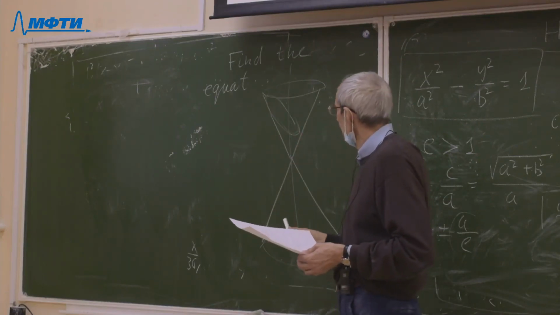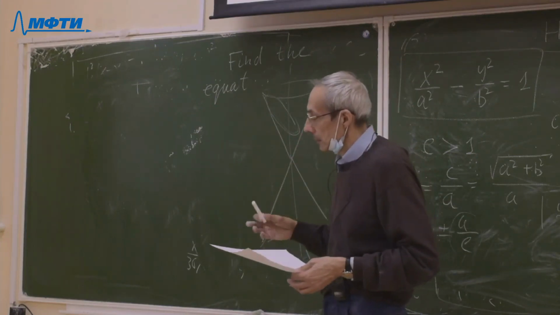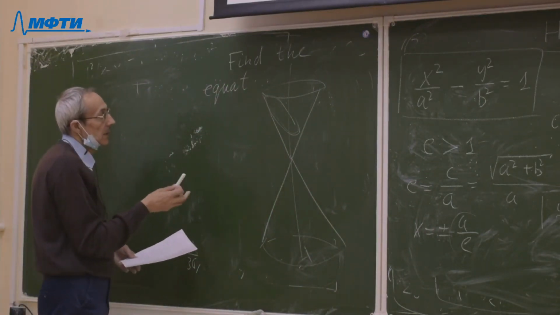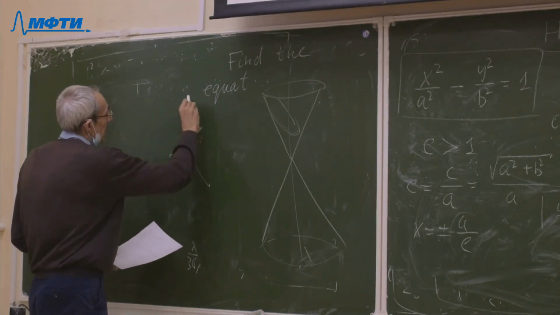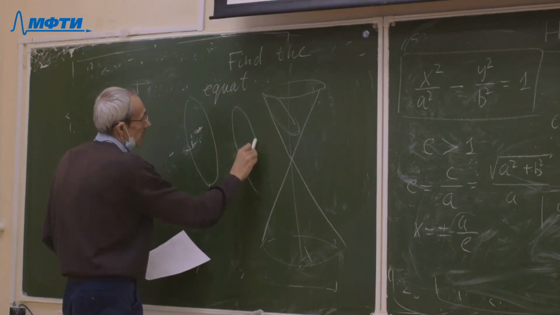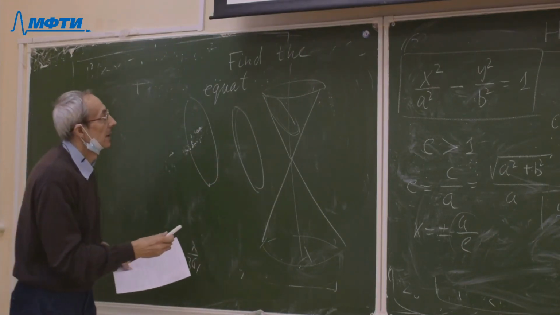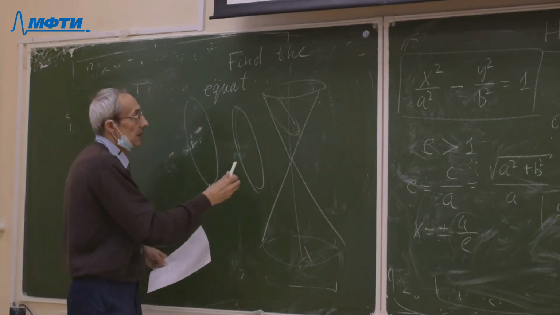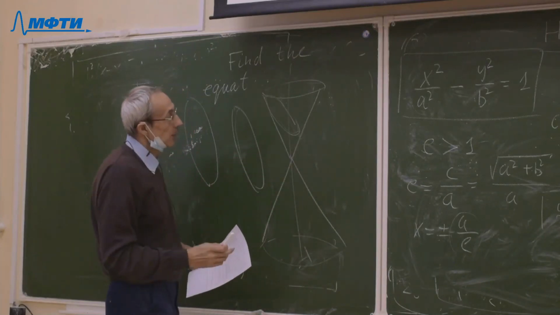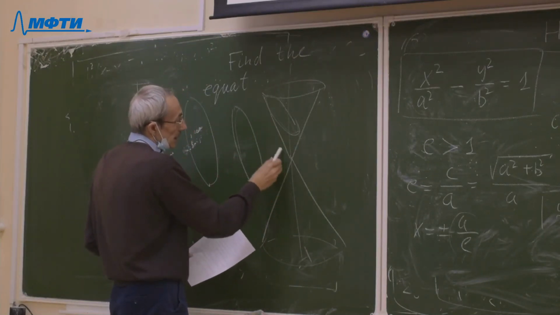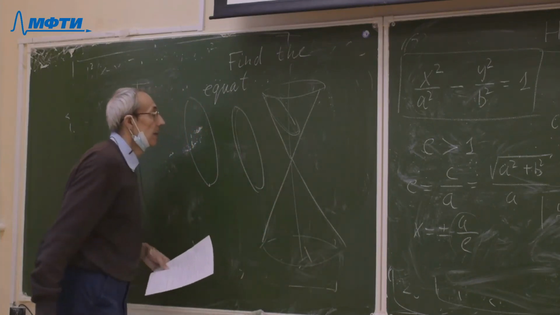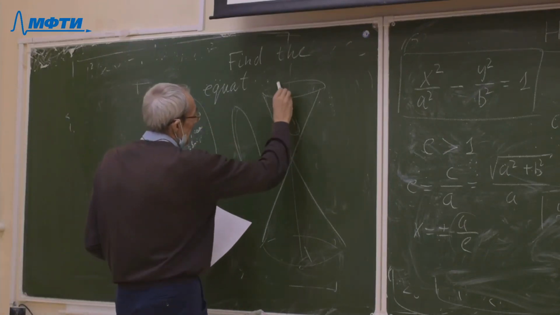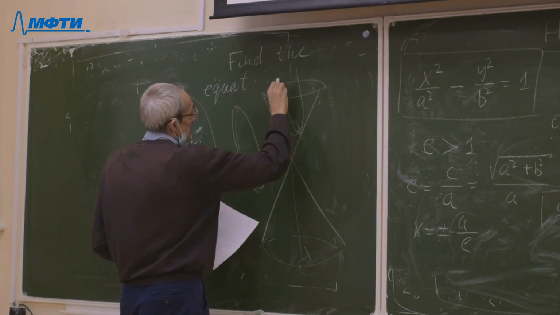If the slope is increasing, the form of the ellipse changes. We have a longer ellipse. And in the limit, when the plane becomes parallel to the line which forms the cone, in this case we obtain the parabola.